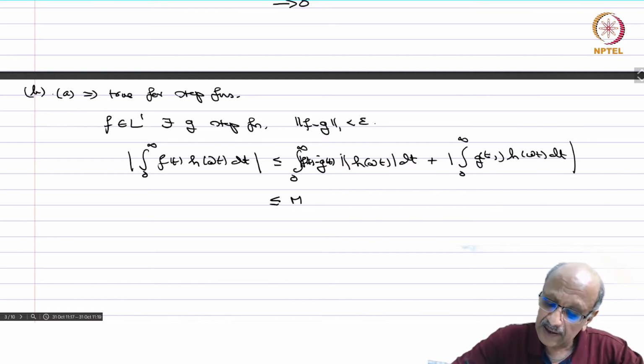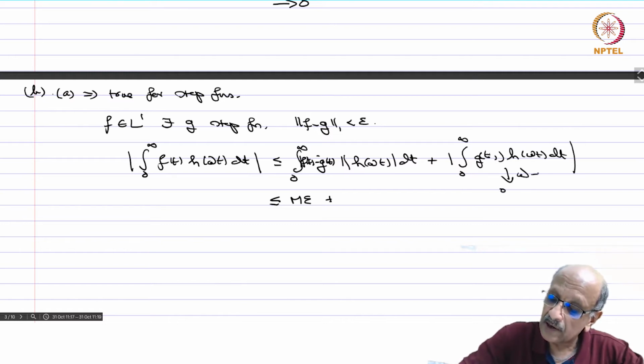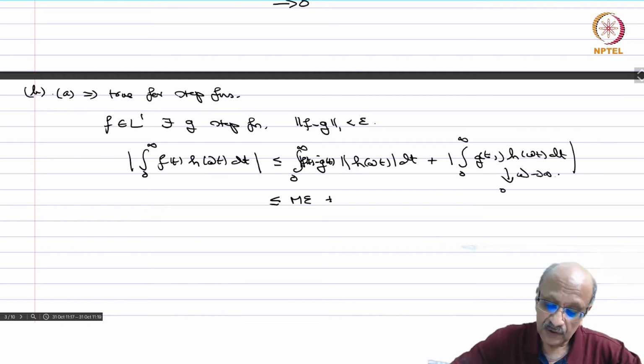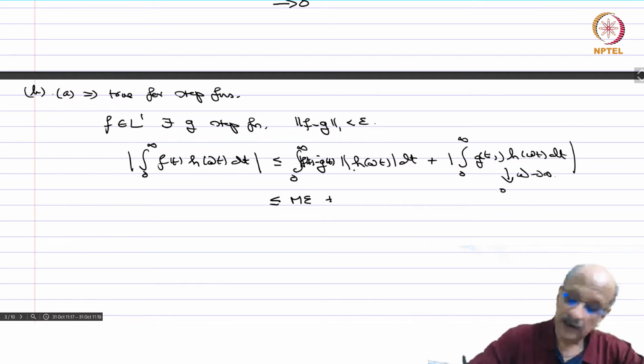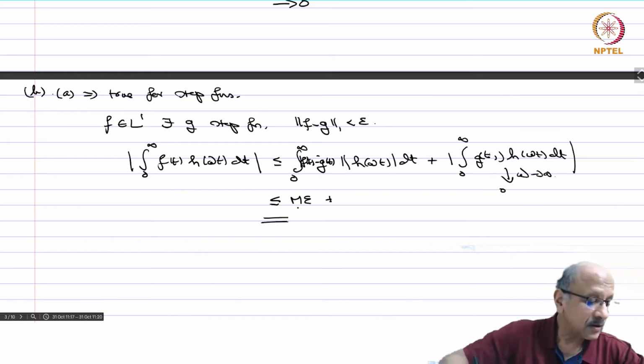Now you get the integral of mod f minus g, which is the L1 norm, and therefore it is less than epsilon. So the first term is less than epsilon, and the second term, since g is a step function, goes to 0 as omega tends to infinity. Therefore you can make this arbitrarily small for omega tending to infinity, and consequently you have the result.